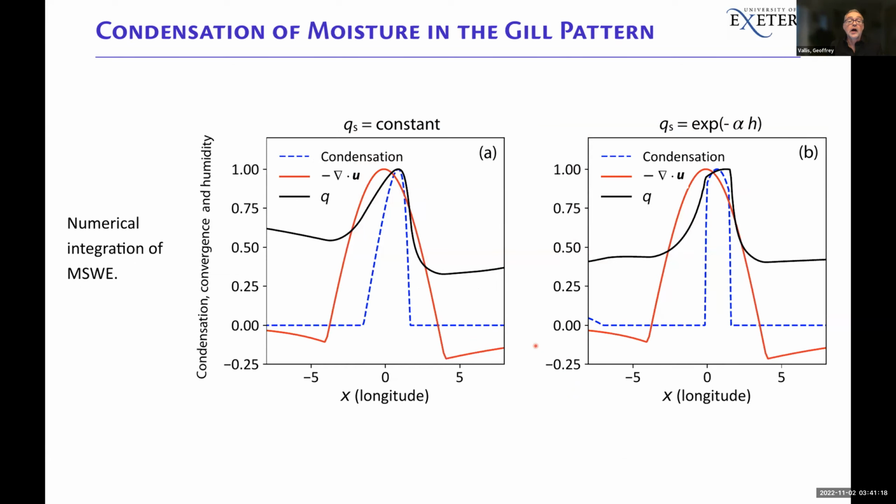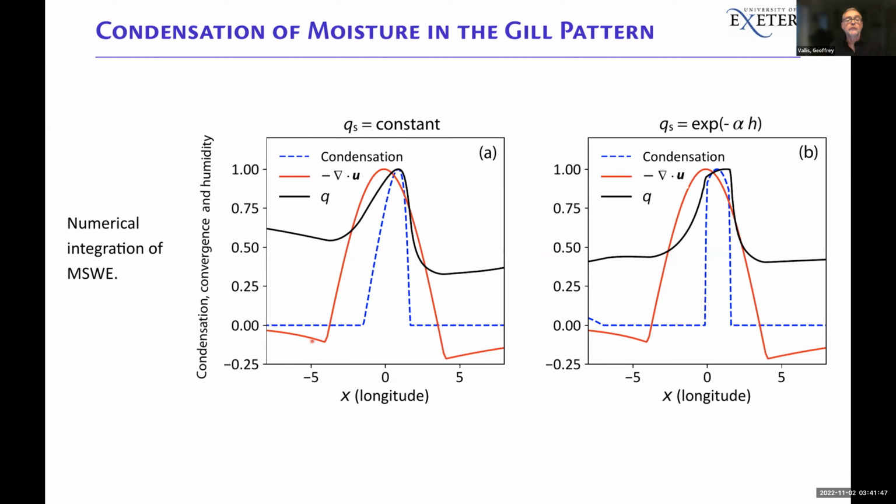And here's a similar plot again. Essentially, this is just a numerical integration of the moisture shallow water equations, but with the Gill pattern built in, and now with an additional field for the condensation.